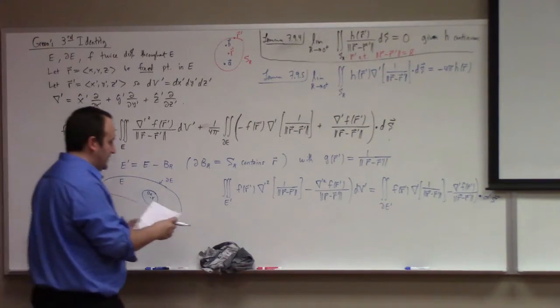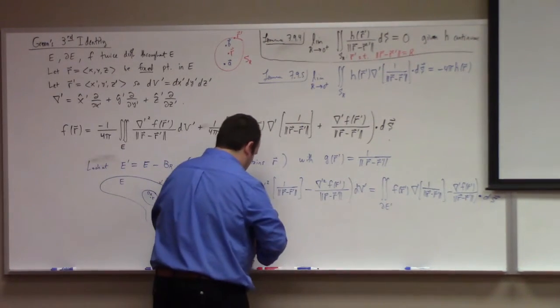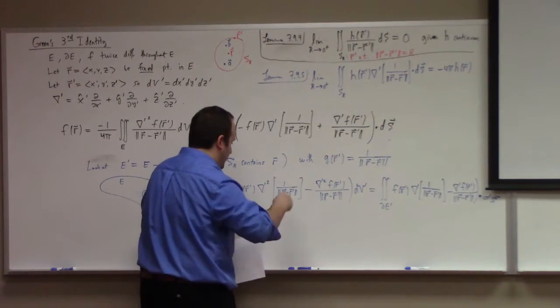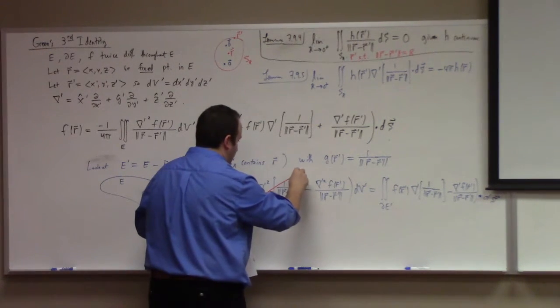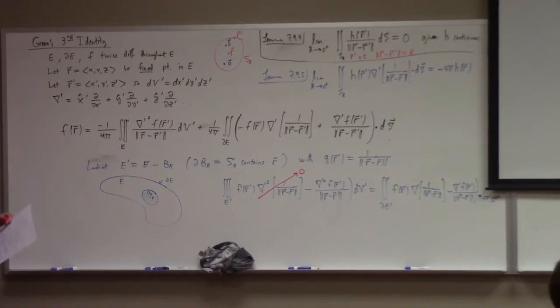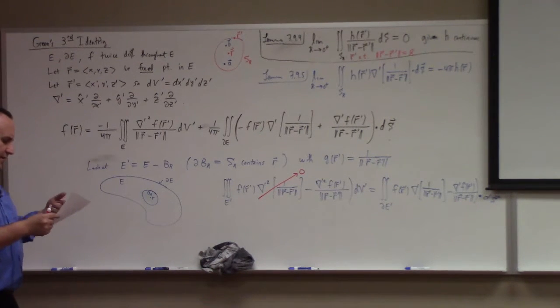First of all, I show through explicit calculation that this piece is 0, which isn't terribly surprising, because we've already done that calculation in the ordinary case: the divergence of the reciprocal distance function is 0. Anyway, the calculation is on page 406.